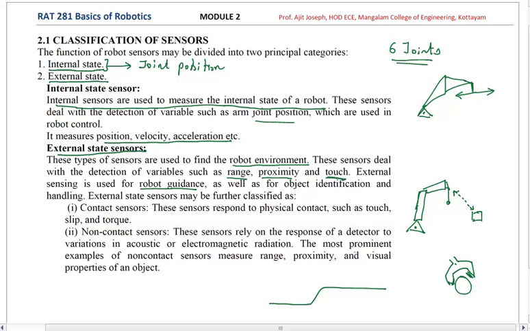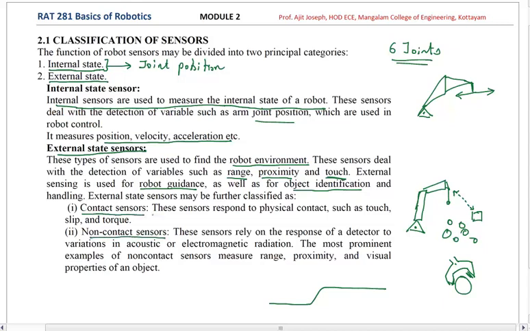Similarly, if it has a group of objects in front of it, some of green color, some of red color, then for object identification it will require certain sensors, maybe a camera. Now all these sensors can be further divided into contact sensors and non-contact sensors.